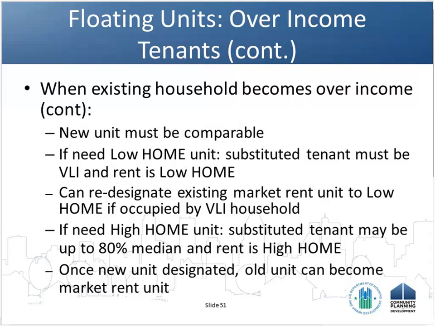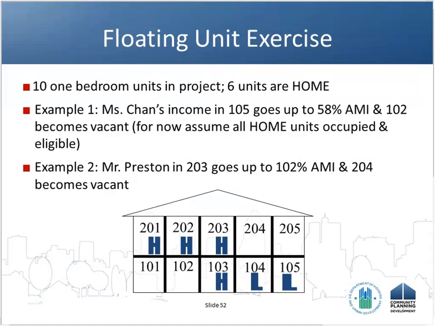We could rent an existing market rate unit to a low HOME household, and then once we have essentially replaced our missing or out of compliance low HOME unit, we could redesignate that unit that we had raised up as no longer being a HOME unit, and it would become a market rate unit. So let's go through some examples. I think that's always easier to understand this information.